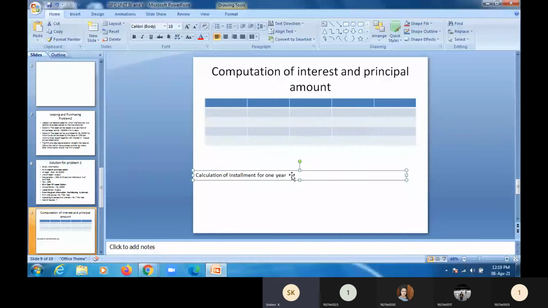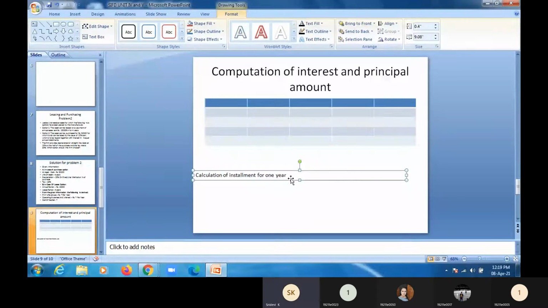So for this, let us take what is the information. Borrowed amount is how much? How much they will borrow? Whatever the amount that they are going to pay for purchasing the asset, 50,000. Asset cost is 50,000. So 50,000 they are going to borrow.